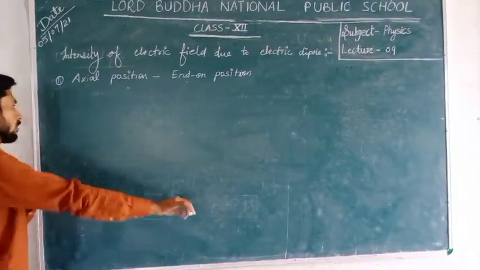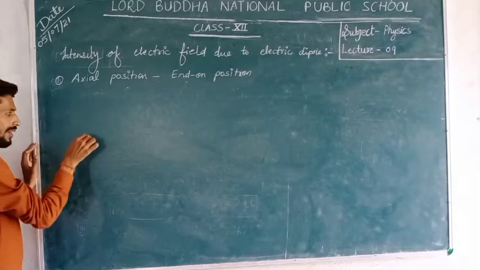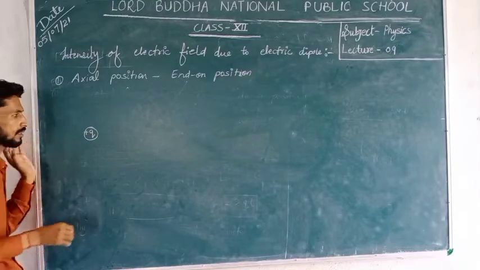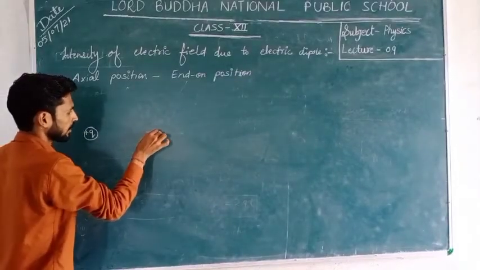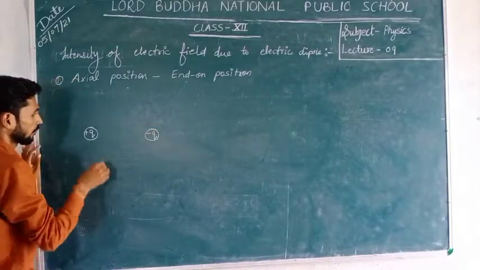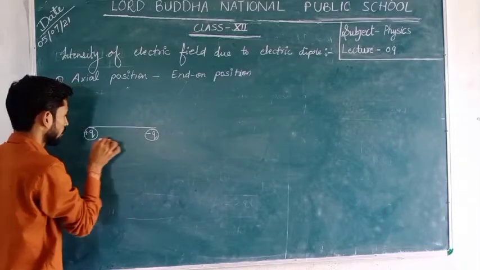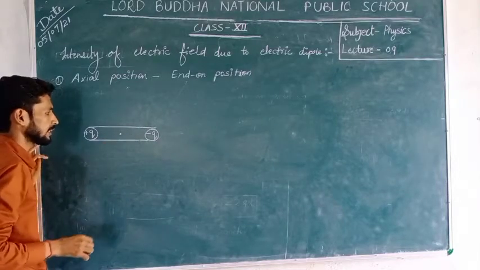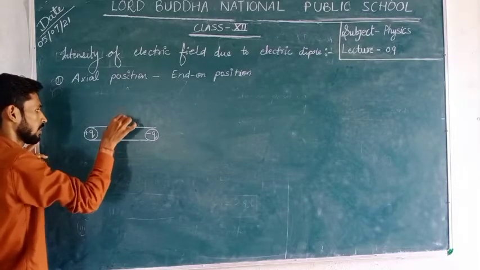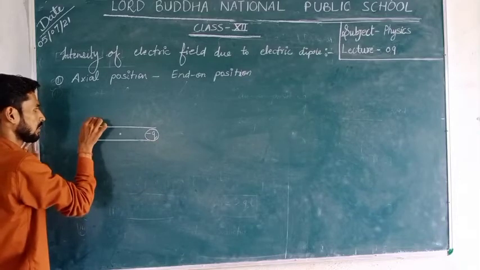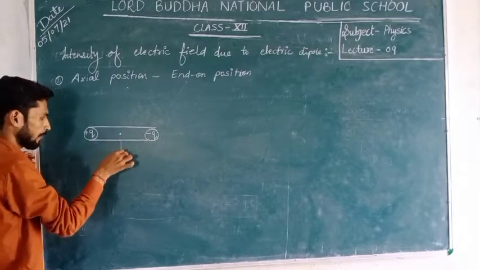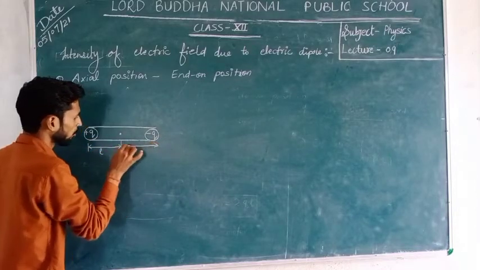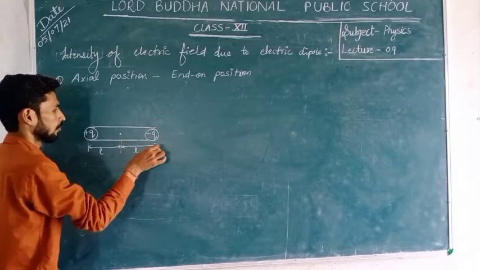Clear that? So first we will draw here the charge plus Q, and next is charge minus Q. This is the electric dipole, and the distance between these charges is 2L, and from the midpoint it will be L for each charge.